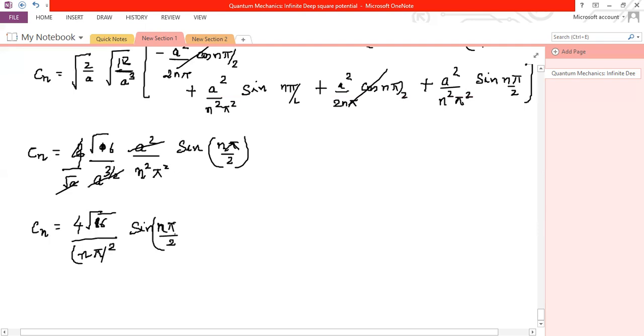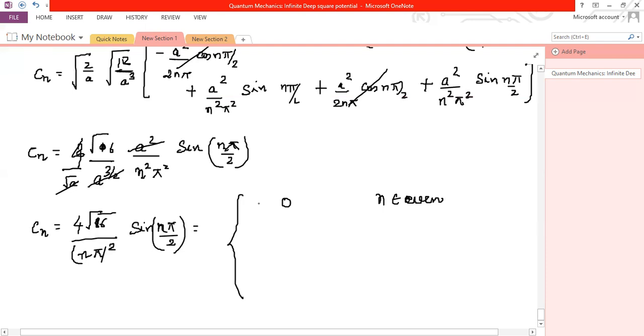Now, how can you write sine n pi by 2? See, if n is an even integer, let's say 2, 4, 6, 8, then it will give me sine pi, 2 pi, 3 pi, and so on, and I'll get 0. So if n is even, I'm definitely going to get 0.